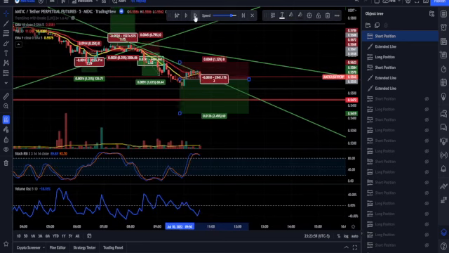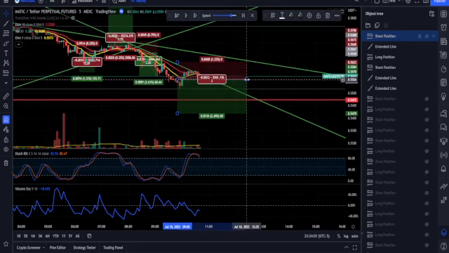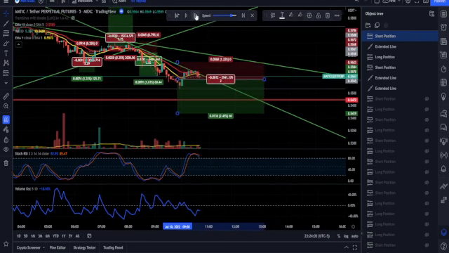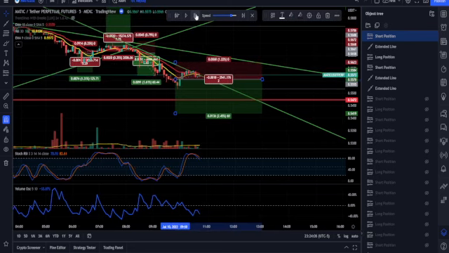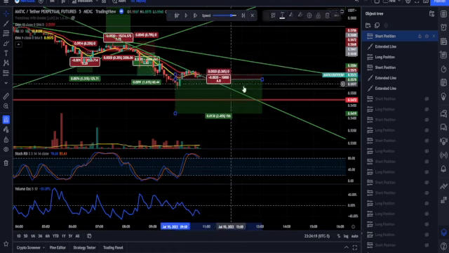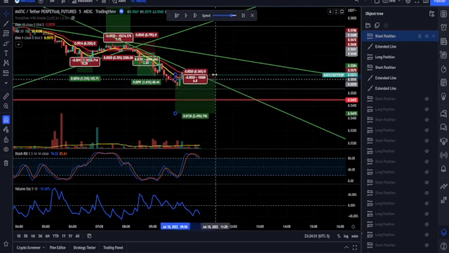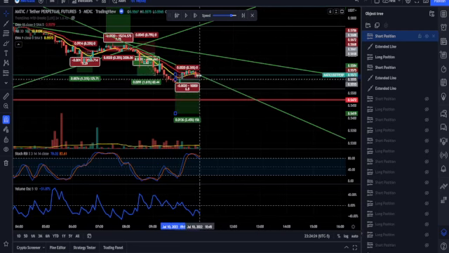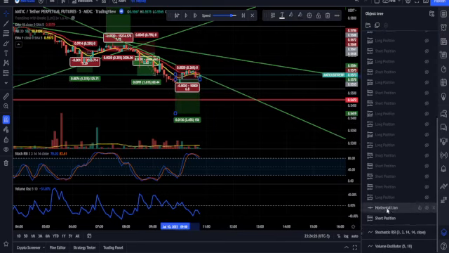And we break down. And now we definitely have an uptrend going. So at this point right here, we have got to accept our loss. So we're definitely in an uptrend right here.